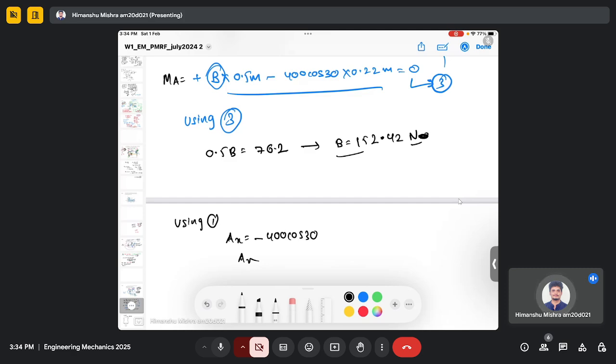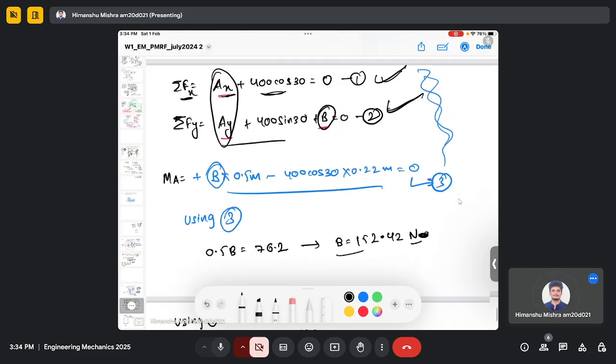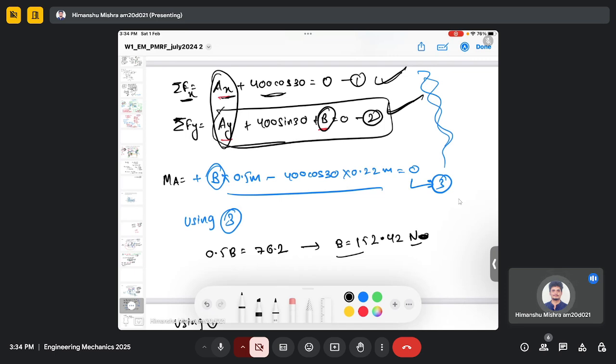So it will come out to minus 346.41 Newton. And from equation 2 we can calculate Ay because we already know B.